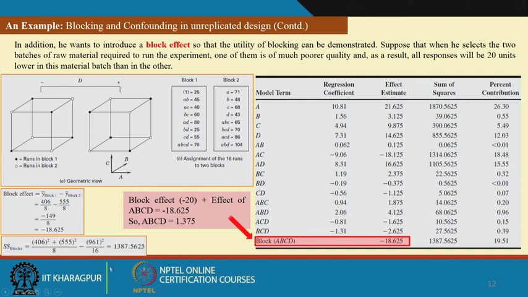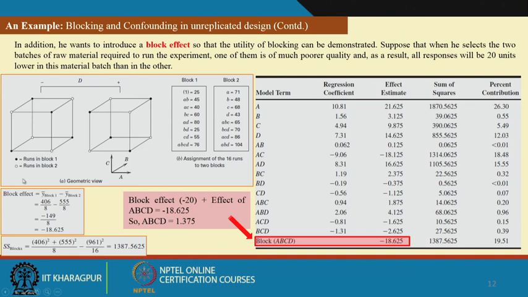Okay. Now, SS block you can again find out. There are two totals, for block 1 and block 2. Those will be squared, and their average will be computed, and then finally the correction factor value will be subtracted, and you will get this value. So, for all of A, B, C, D, everything, you use contrast to find the effects.